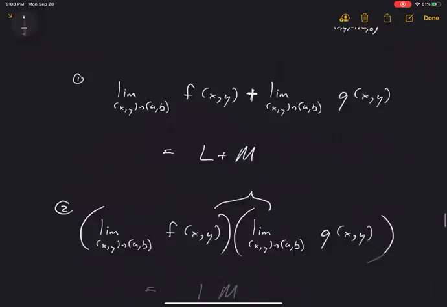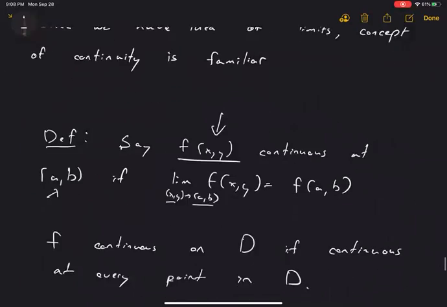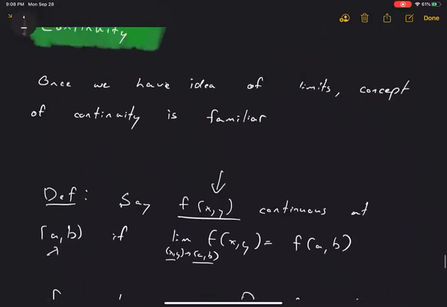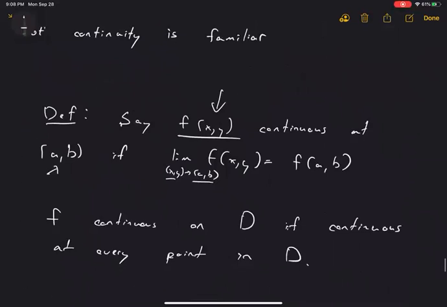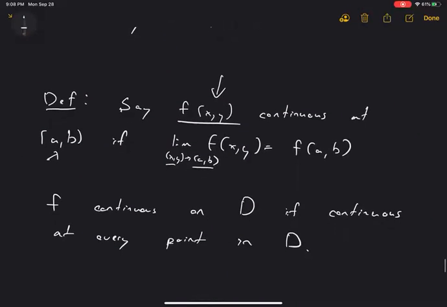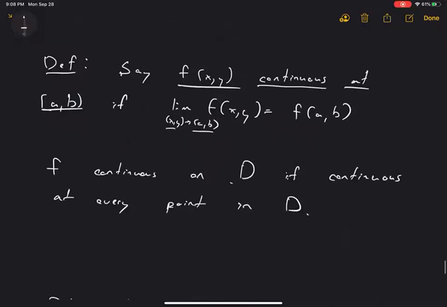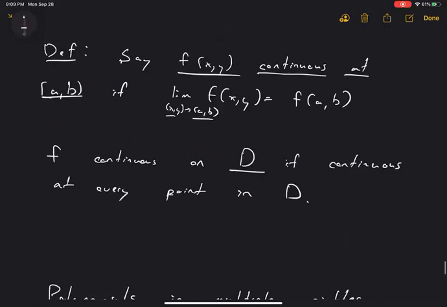So that's our idea of continuity, and that's continuity at a single point. What we've defined is continuous at the point (a, b). Now we say a function is continuous on D, where D is a subset of R, in this case R2.